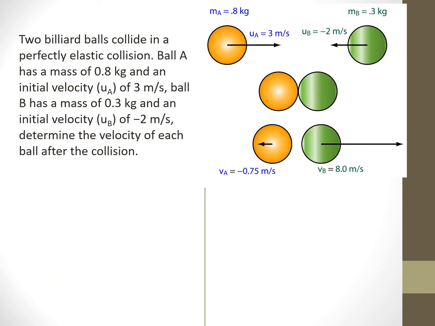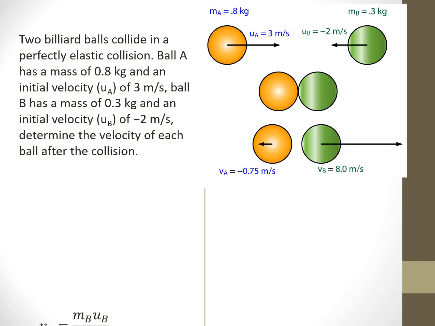Let us have the sample problem. Two billiard balls collide in a perfectly elastic collision. Ball A has a mass of 0.8 kg and an initial velocity UA of 3 meters per second. Ball B has a mass of 0.3 kg and an initial velocity UB of negative 2 meters per second. Determine the velocity of each ball after the collision.